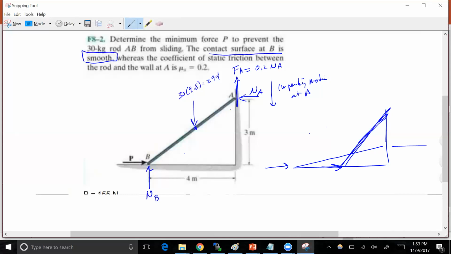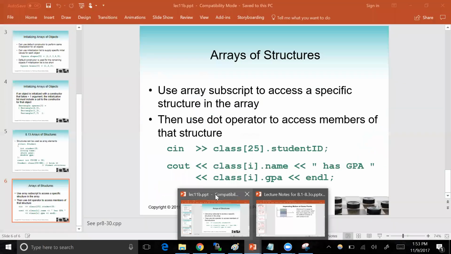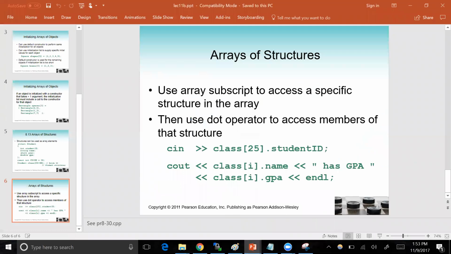Well, the coefficient is the, wait, what is it again? The coefficient of friction. I forget which one the angle is, the arctangent. So coefficient of friction is the tangent of an angle. That's a great question. Let's go back and look at the, oops, wrong slide.